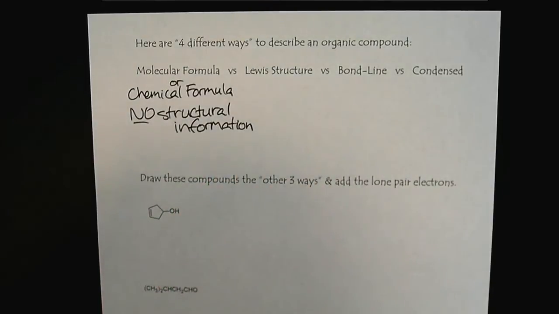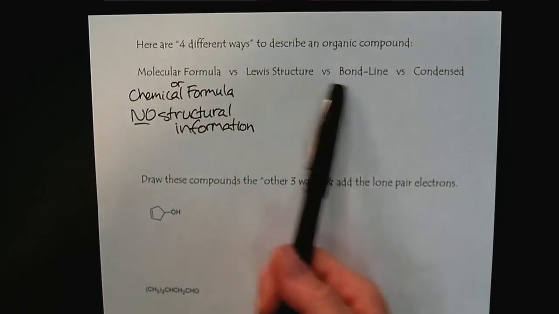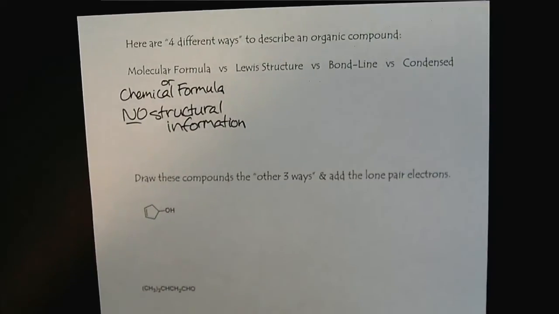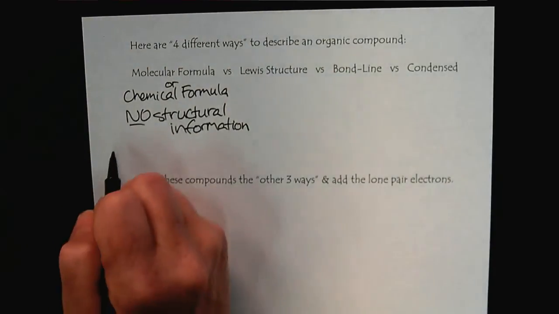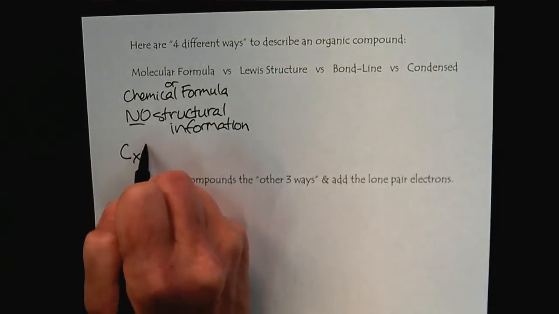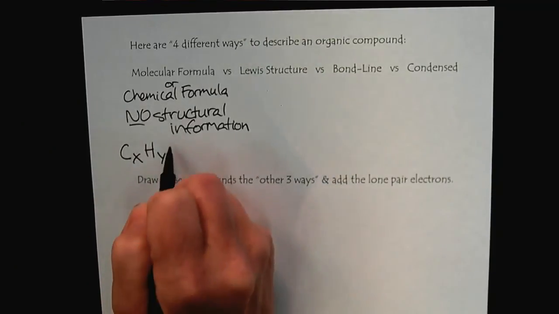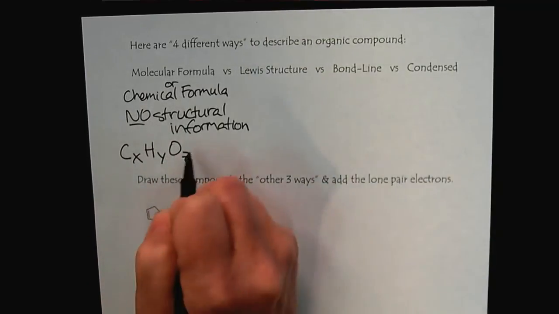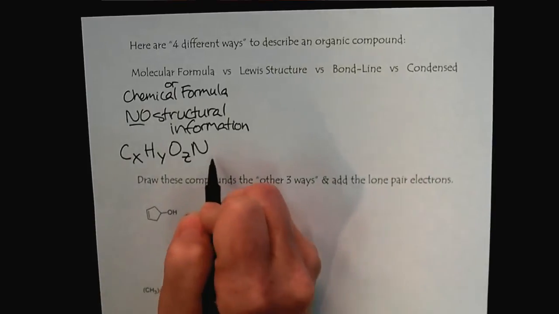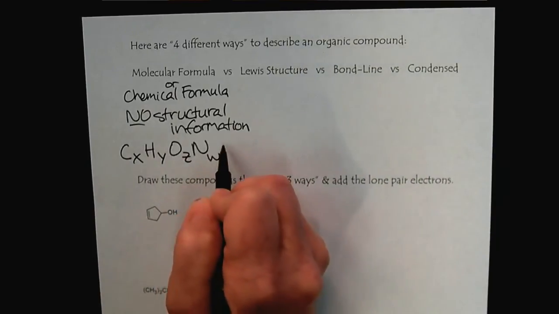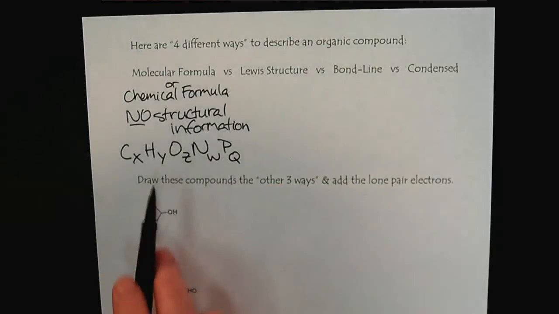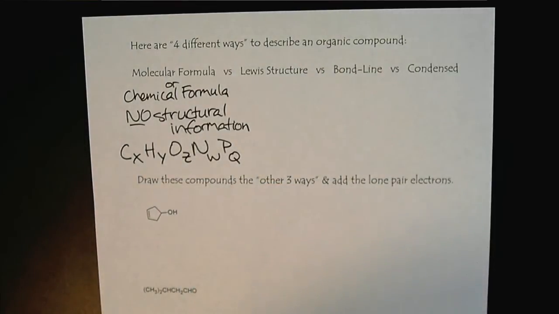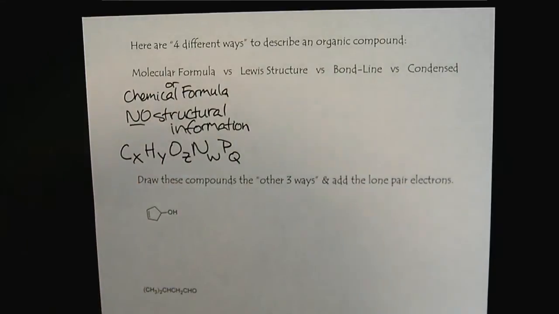However, sometimes after we've talked about structural formulas, students kind of get confused when they hear molecular or chemical formula. So I wanted to remind you that this is simply an inventory. How many carbons, how many hydrogens, how many oxygens, are there nitrogens present? Are there any phosphorus atoms present? So there's no structural information, but it can still be useful information.